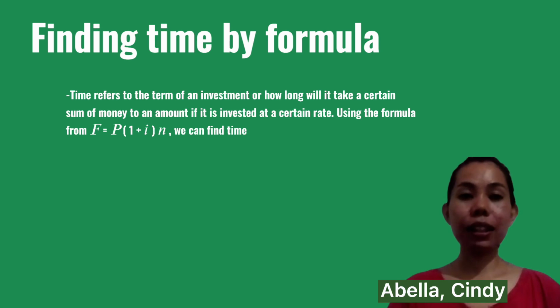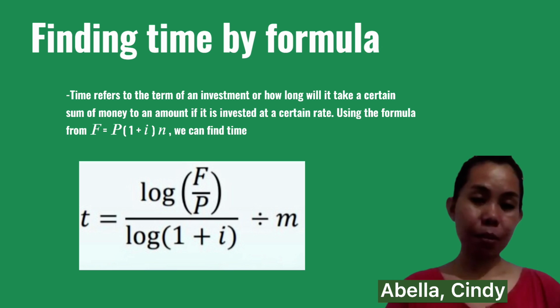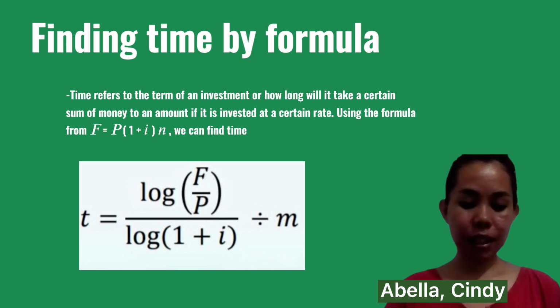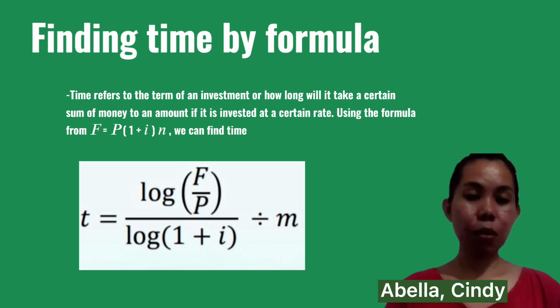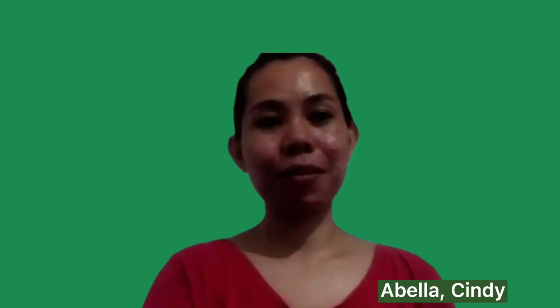So we can find time by t equals log of F divided by P, again, divided by log of 1 plus i, and divided by m. So that's it. Let's proceed to the next discussant, Lyle Canice Bontilao.